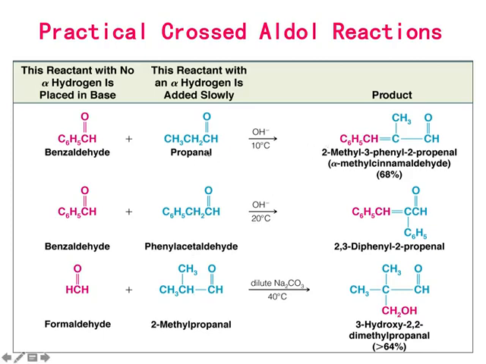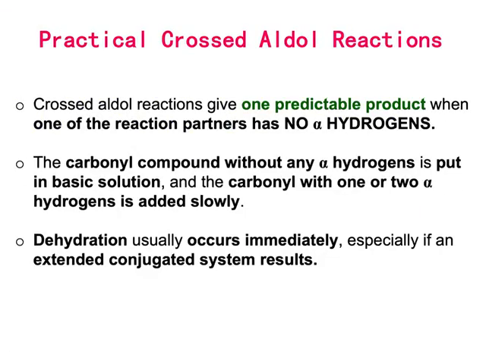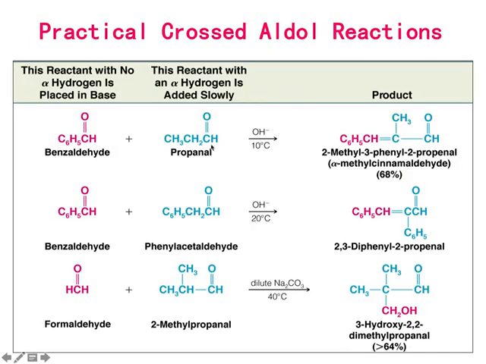So for the end product, you get one product because the partner has no alpha hydrogen. So it becomes alpha beta unsaturated. This one is alpha beta unsaturated.